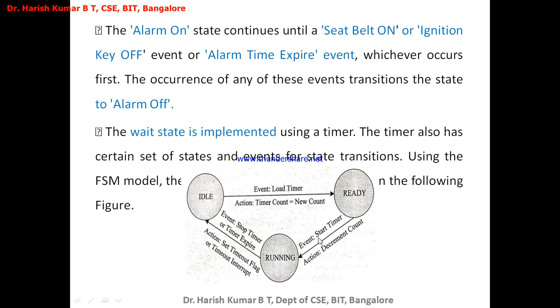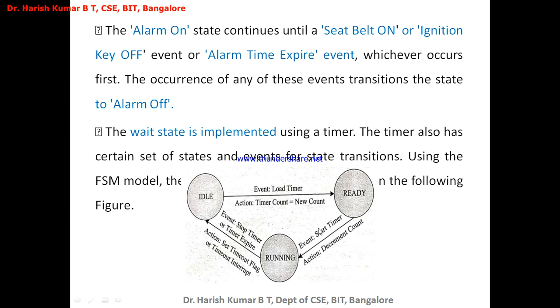When the start timer event happens, from the ready state with the action decrement counter, it comes to the running state. In the running state, the timer starts decreasing. When the timer reaches 0, the timer expires event, it will go back to the idle state. The action is set timeout flag and timeout interrupt.